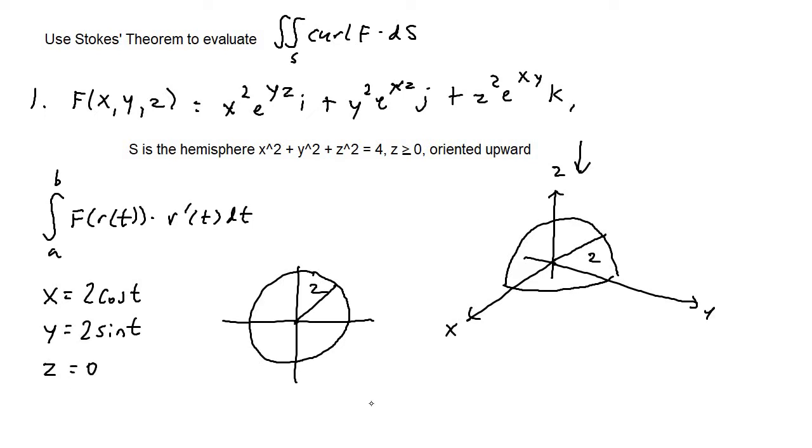So if we put it in a vector function, r of t is going to be in component form. Let's put the x component first, so 2 cosine t, comma the y component, 2 sine t, comma the z component, 0. And since this is a circle, the t-bounds go from 0 to 2 pi. Just treat it like a unit circle. Obviously, a unit circle will go from 0 to 2 pi, so the t-bounds go from 0 to 2 pi as well.